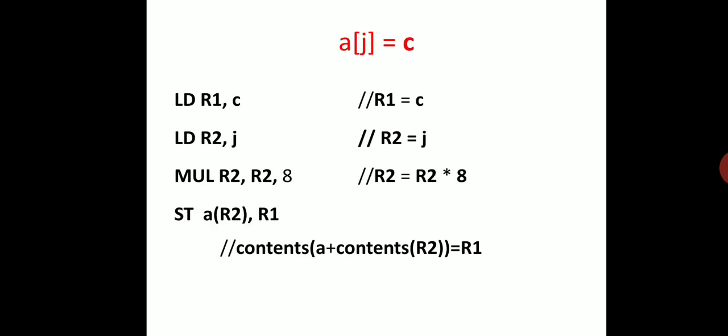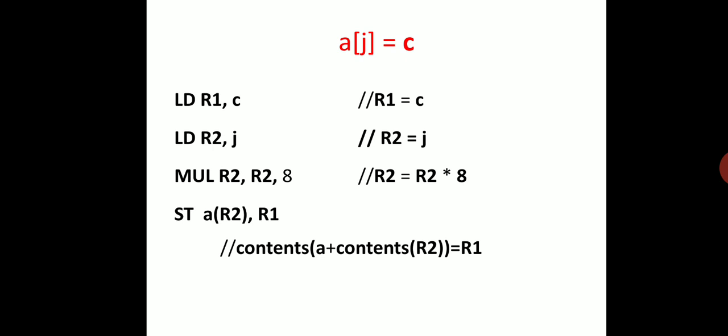Second example, A of j is equal to C. Again it is index addressing mode. So the content of C is loaded into register R1, then j is loaded into R2. As it is index addressing mode, we have to multiply this j with 8.